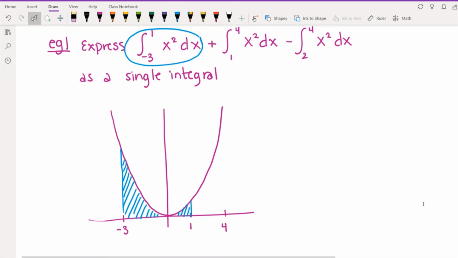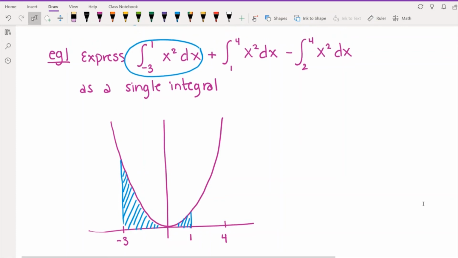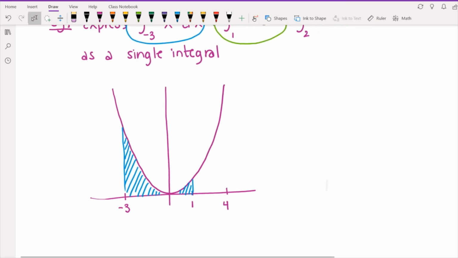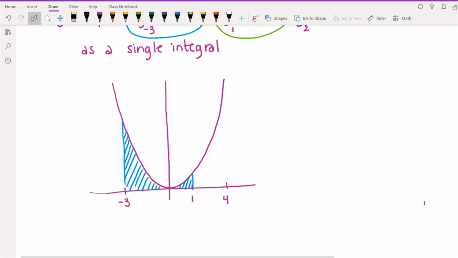The next part is we're going to take the integral from 1 to 4 and add that to this. So that's going to be now going from here to here. That'll go a little taller.